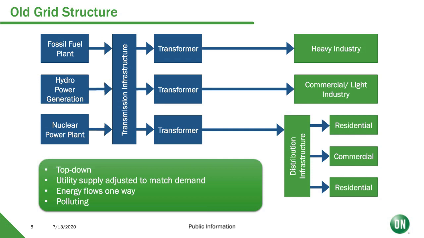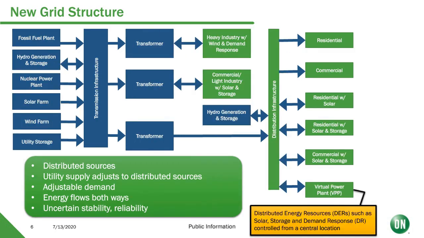So, as mentioned before, the grid is evolving, and it has now turned into a grid that looks like this, where you see the addition of solar, wind, and utility storage. But the other main change is that the arrows are not a top-down approach, but more of a bidirectional power flow.